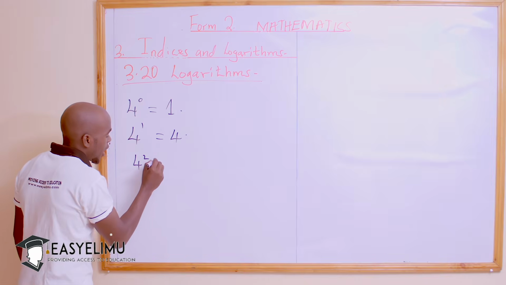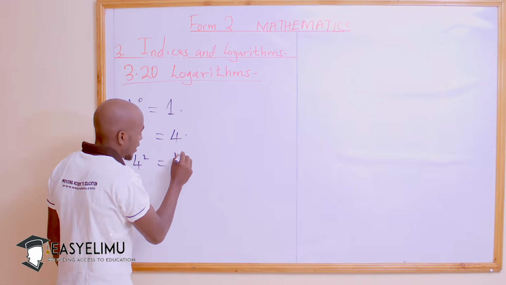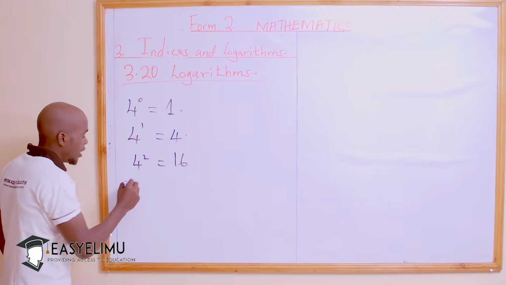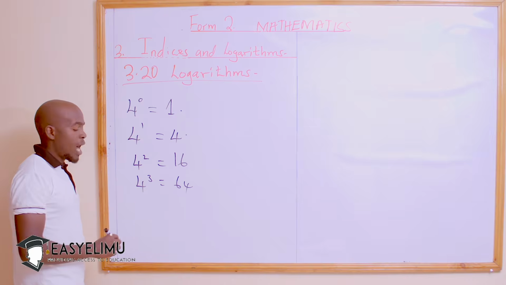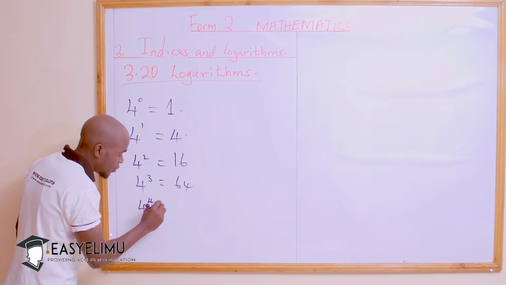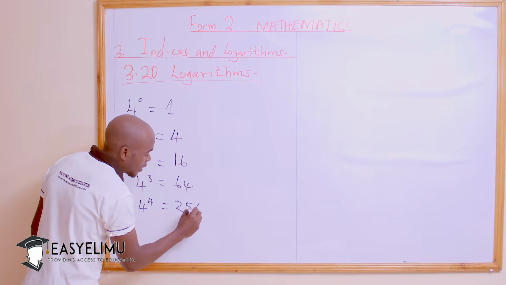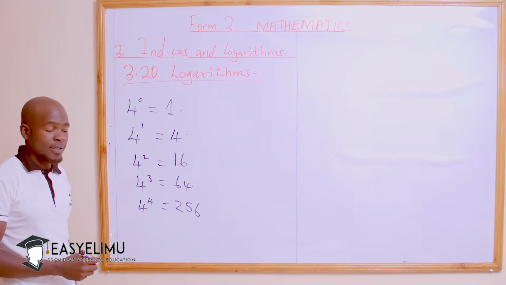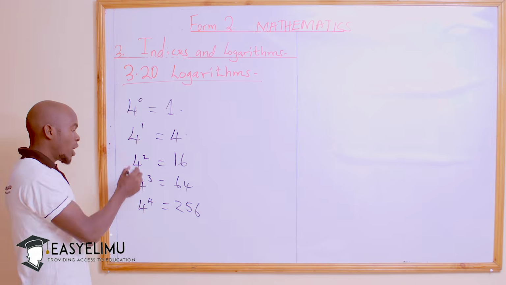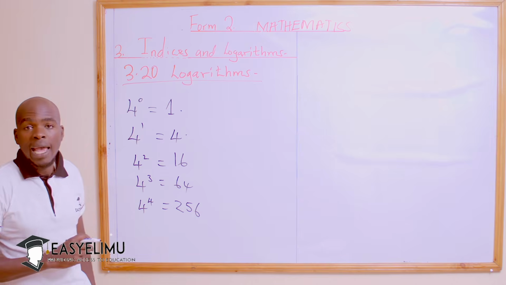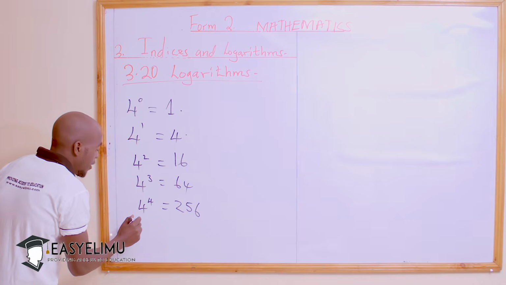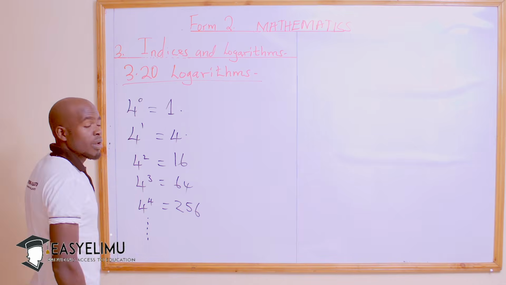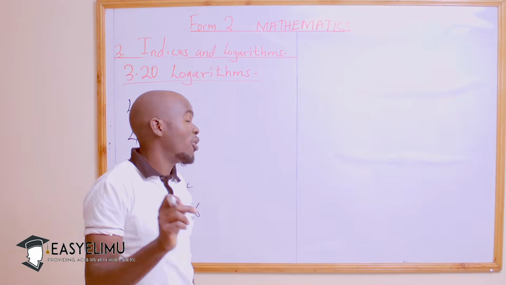But if you square 4, you will get 16. And if you cube 4, you will get 64. And if you take 4 raised to 4, you will get 256. Here, you can continue the list endlessly, such that you may even add 4 raised to 5, 4 raised to 6, and onwards.